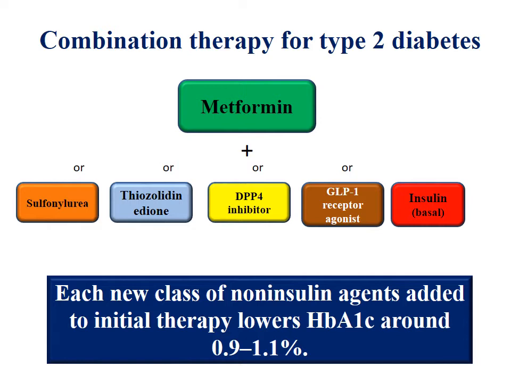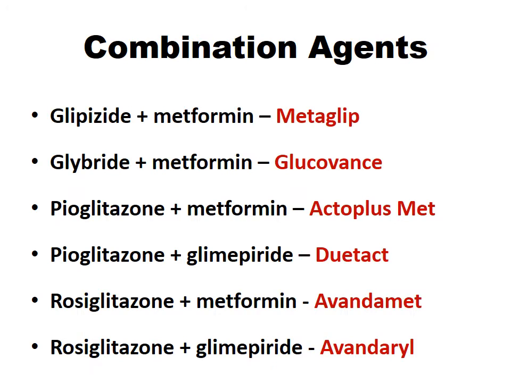Each new class of agent added to the initial therapy usually lowers the HbA1c by 0.9 to 1.1%. Combination agents are commercial preparations available in the market containing a combination of two anti-diabetic drugs.